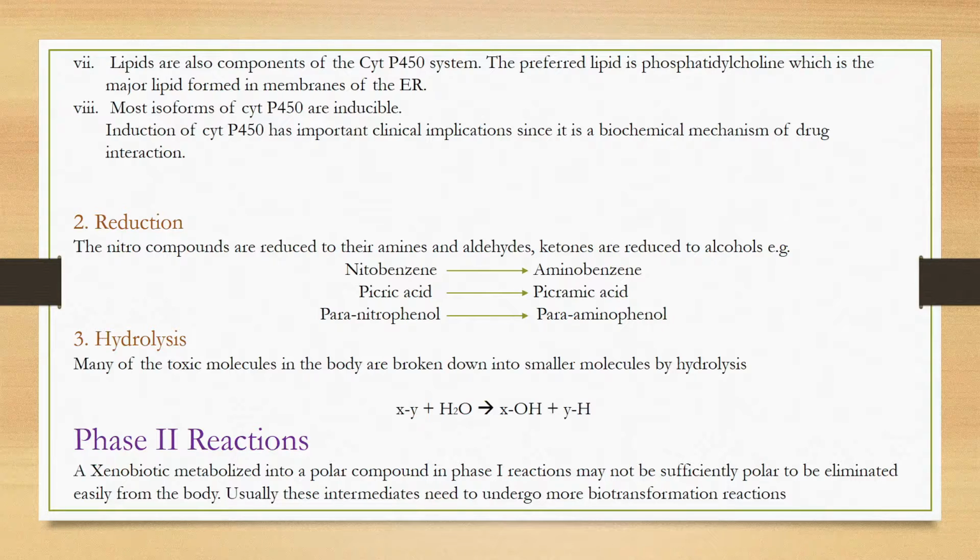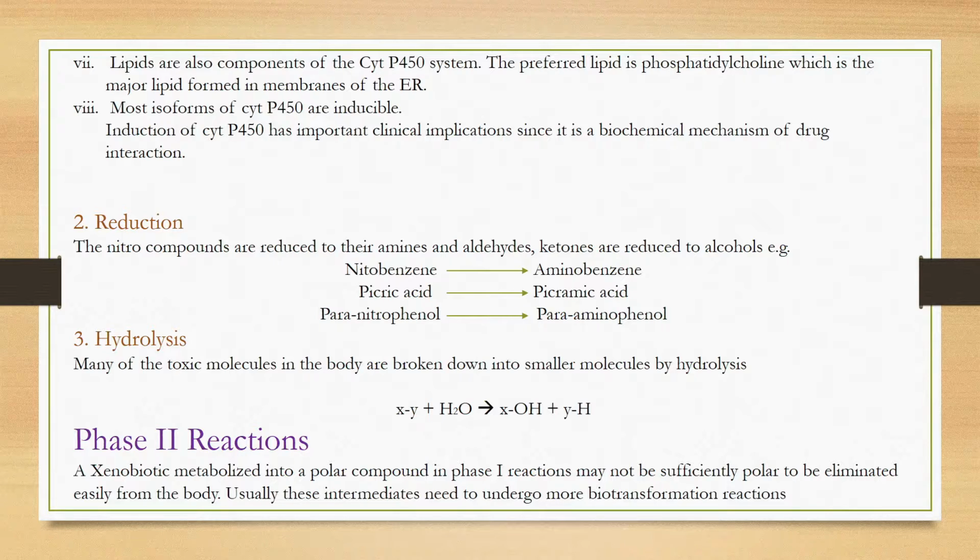For example, administration of phenobarbital or many other drugs causes hypertrophy of the smooth endoplasmic reticulum and a 3 to 4-fold increase in the amount of cytochrome P450 within 4 to 5 days.